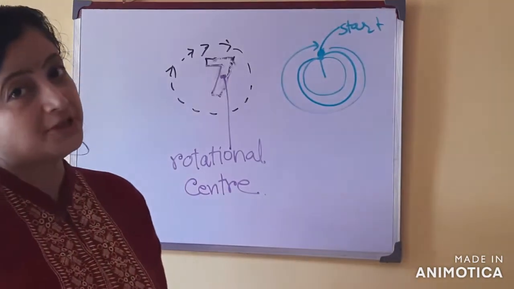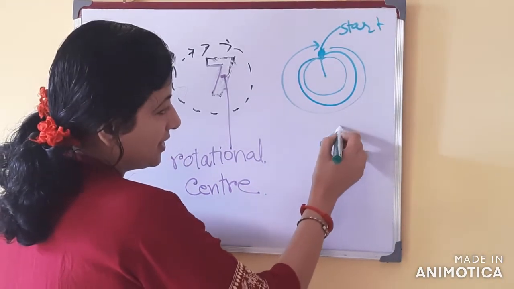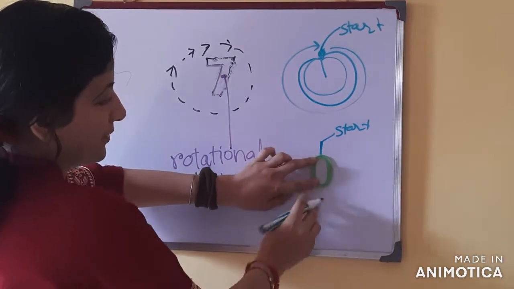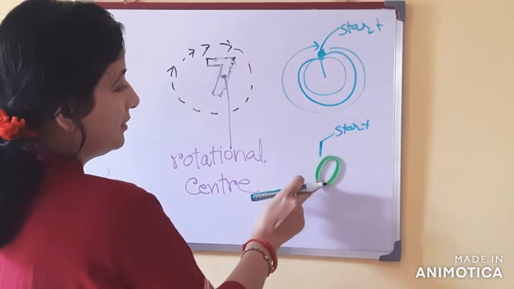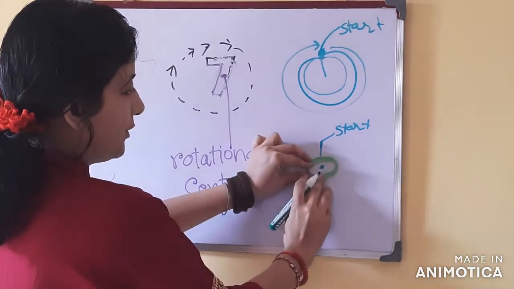So what about the partial turn? See, suppose this is our starting point. I am starting from this point. This is an oval shape, so it looks like this. Now I am rotating with respect to the center point.